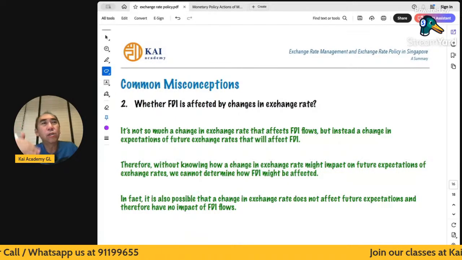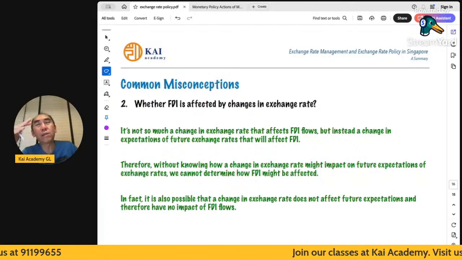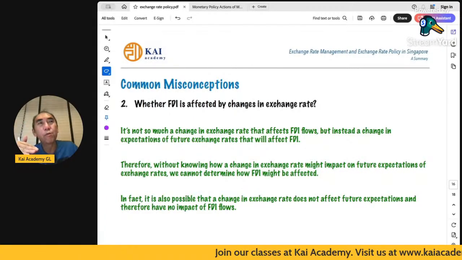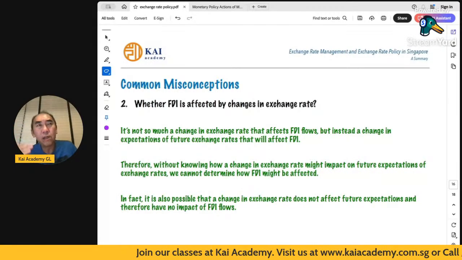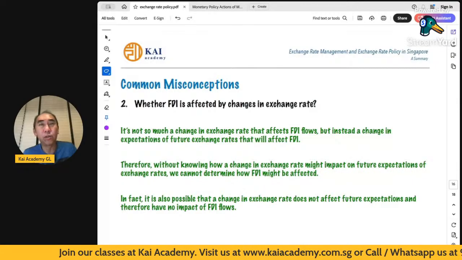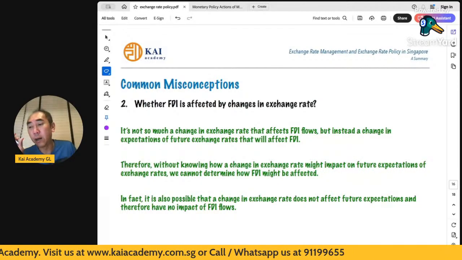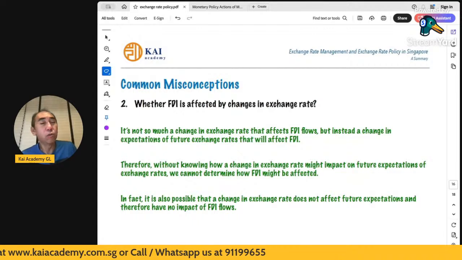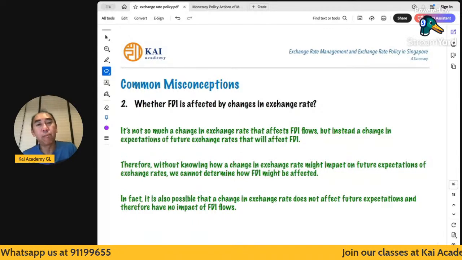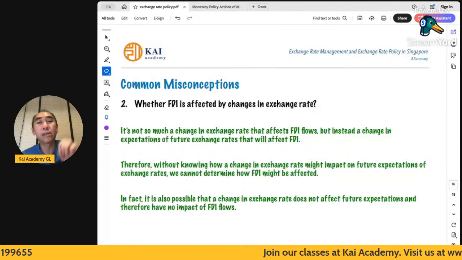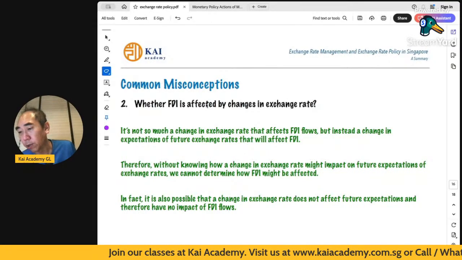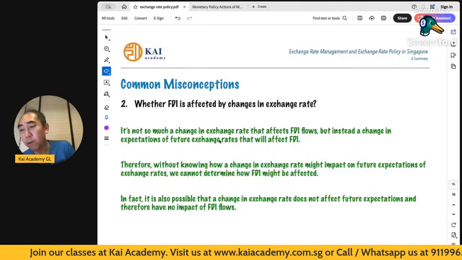Then any changes in exchange rate, temporary rises or going back to zero appreciation, should not in and of itself alter expectations, and therefore it should not have an effect on the FDI flows at all. So normally, if this was an essay or case study question, we do not bring up FDI changes as a result of MAS's exchange rate policy action. All right, so this is important to take note of as a common misconception.